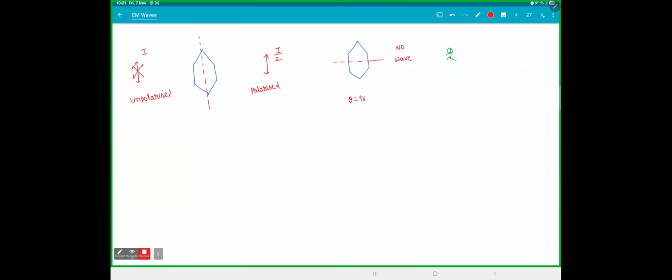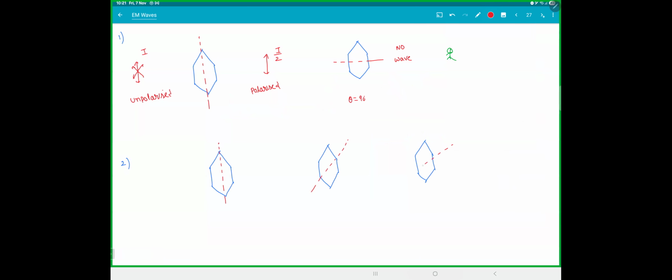Clear with this? So let's see a question on this. One more. So if you got this, let's see a question. Let's say we have 3 polarizers. This is a vertical transmission axis.